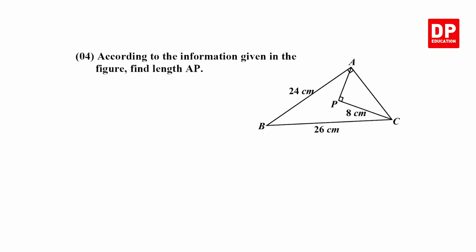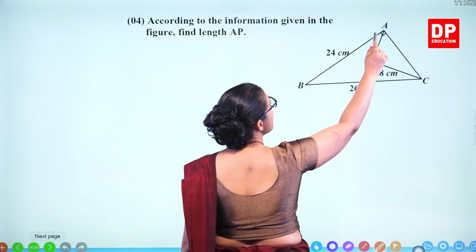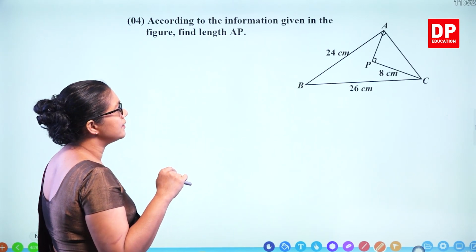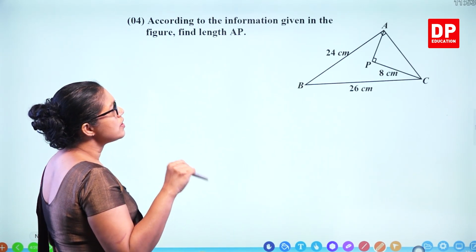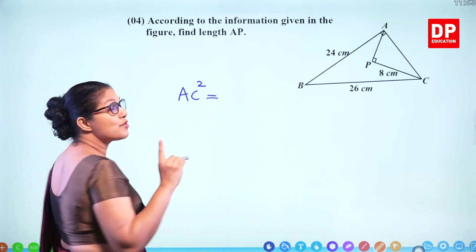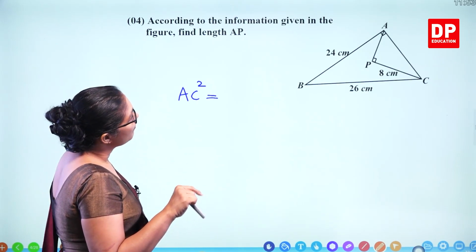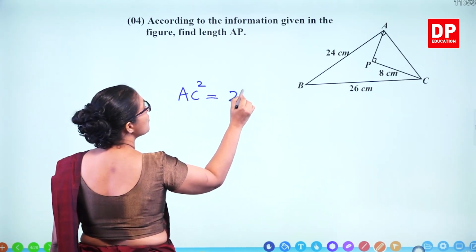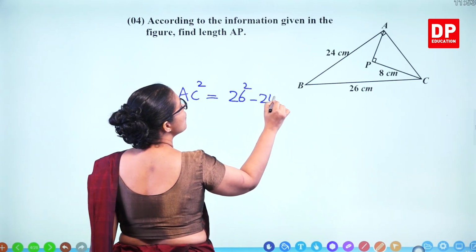Question number 4. According to the information given in the figure, find length AP. This is 90 degrees, so when you take triangle ABC, you can find the AC length. Using Pythagoras theorem, AC squared is equal to, this is the hypotenuse, 26 squared minus 24 squared.